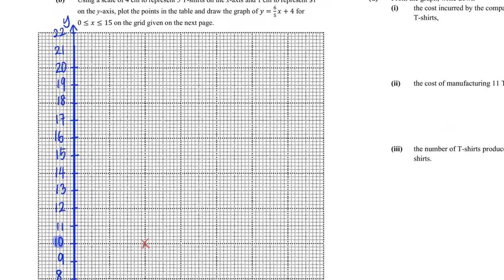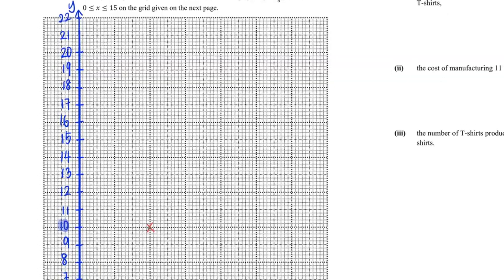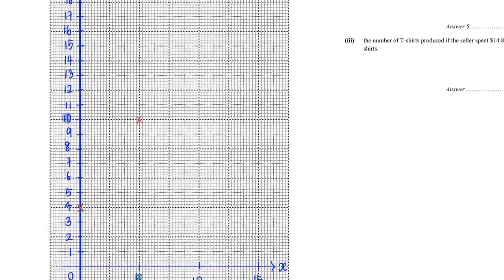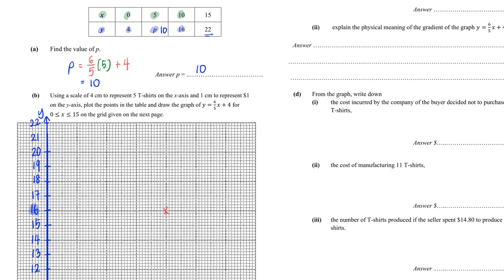So I continue for my next value: when X is 10, Y is 16. If I go back here, I would be able to see my Y as 16, X as 10. So the point that corresponds to this will be here. And the last point is 15 and 22.